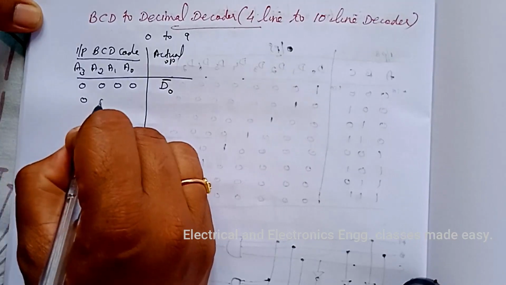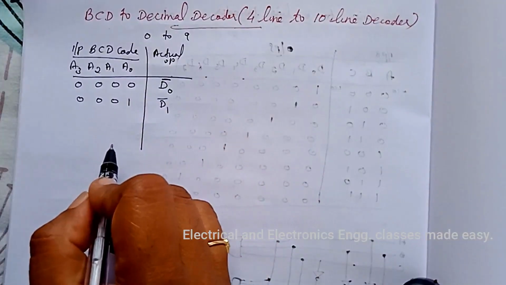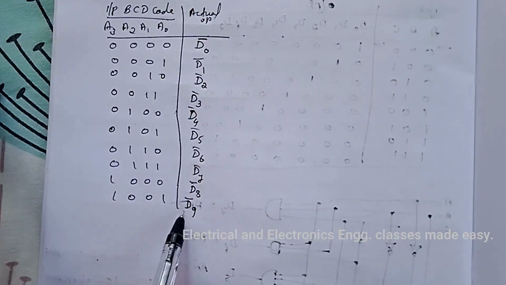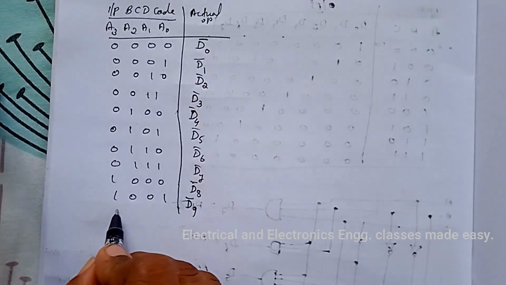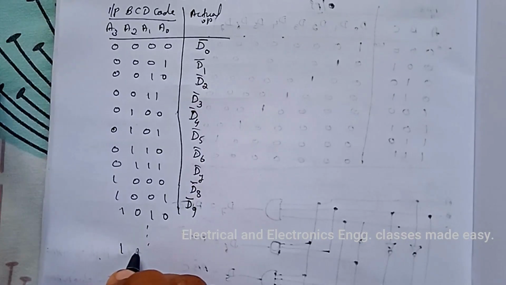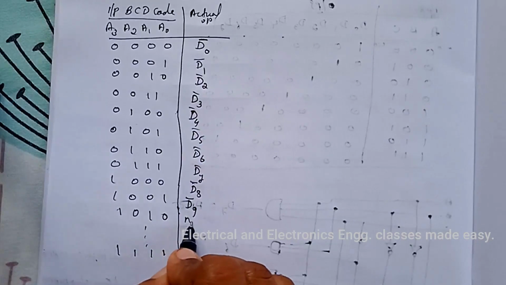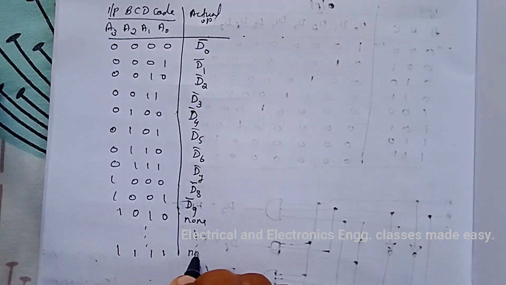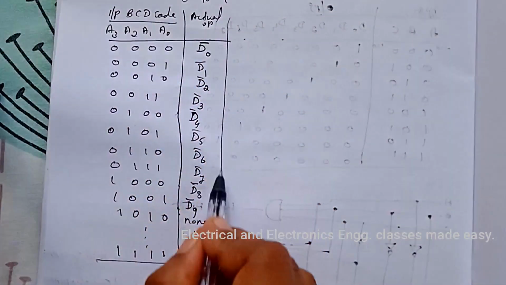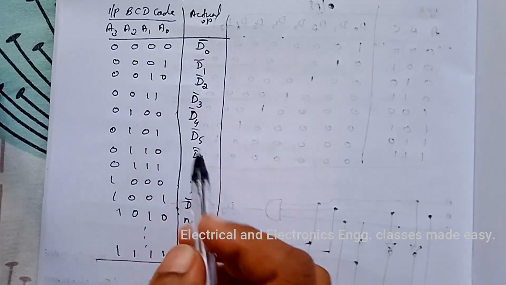Next combination 0 0 0 1, D1 bar. So up to 1001 the output is there, and from 1010 to 1111 there will be no outputs. So this is the truth table for the BCD to decimal decoder.